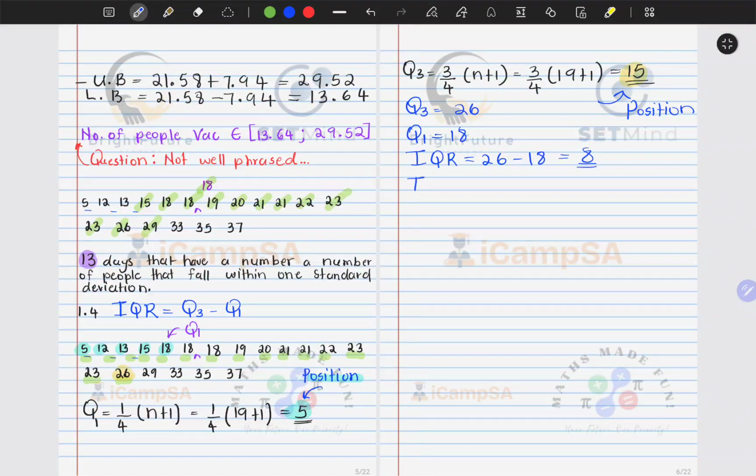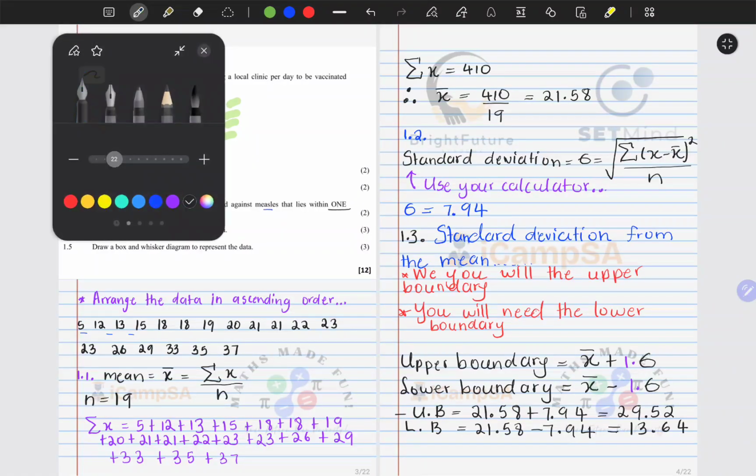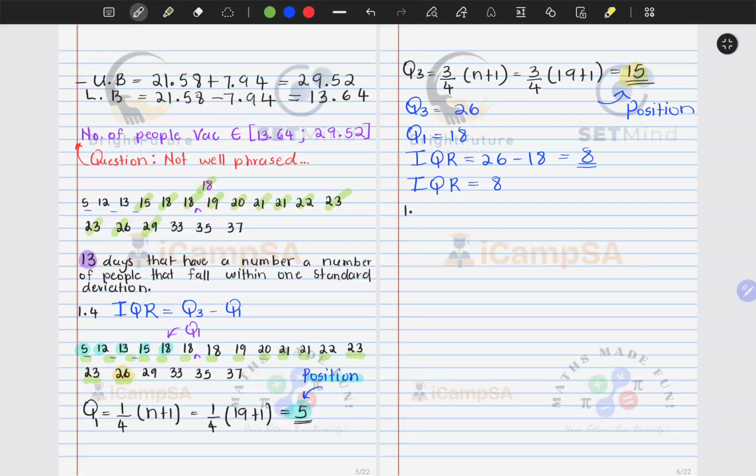So our IQR, interquartile range, becomes 8. I hope that this does make sense. Now that we have the interquartile range, we're in a position to go and draw the box and whisker that represents this data.